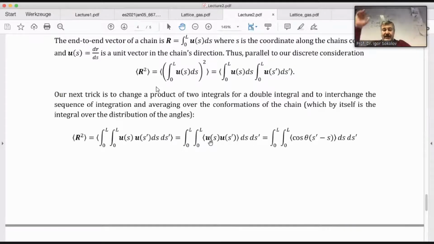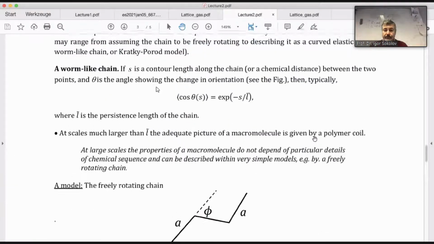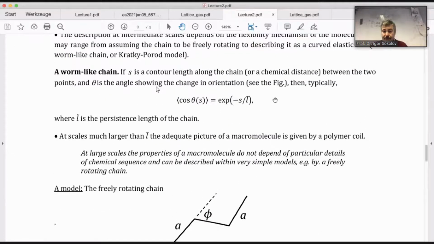And I know what this is. What is a scalar product of two unit vectors? It's a cosine of the angle between them. So I have here this mean cosine. But this mean cosine I already know from the definition of my worm-like chain model. I didn't derive it, but I know it, or I postulate it. This is my model. I play with it.